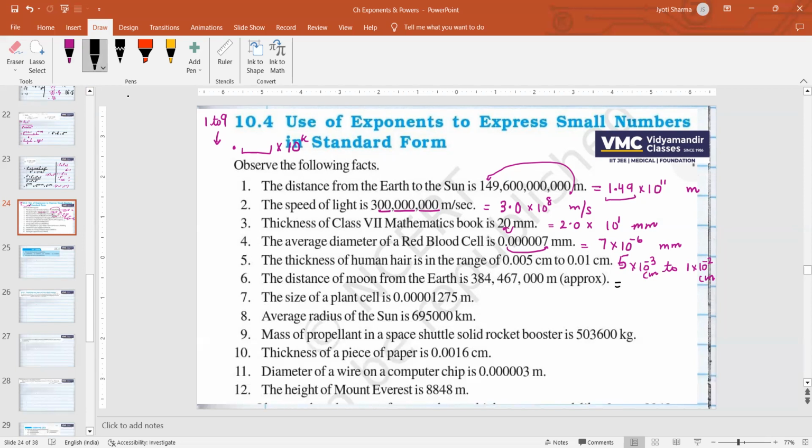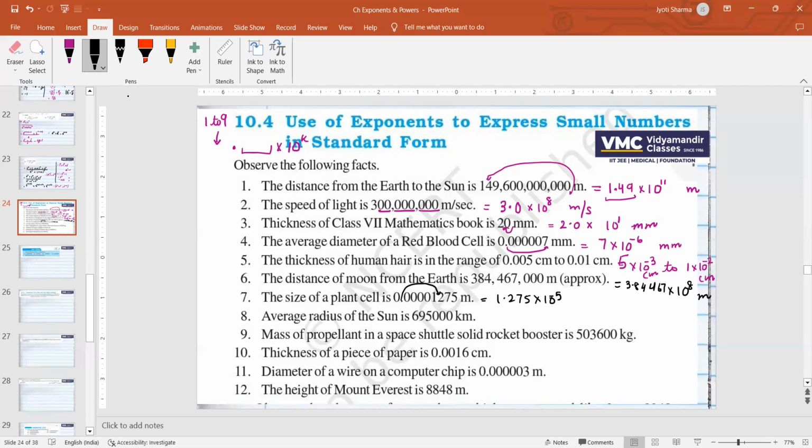Here it will become 3.84, again 4, 6, 7 into the 2 and 3, 5 and 3, 8 meters approx. 1.275 into 10 to the power. This has become here. So how many places have we jumped? 1, 2, 3, 4, 5.